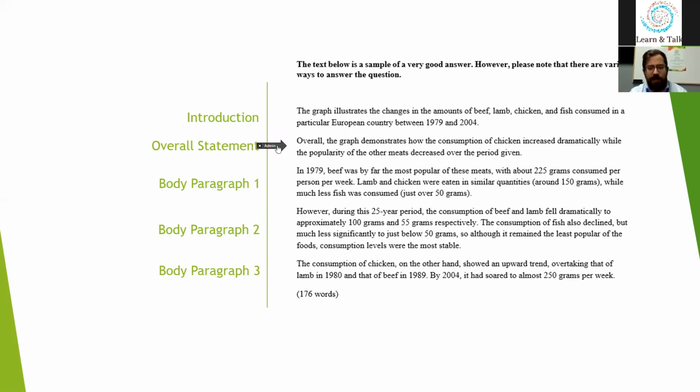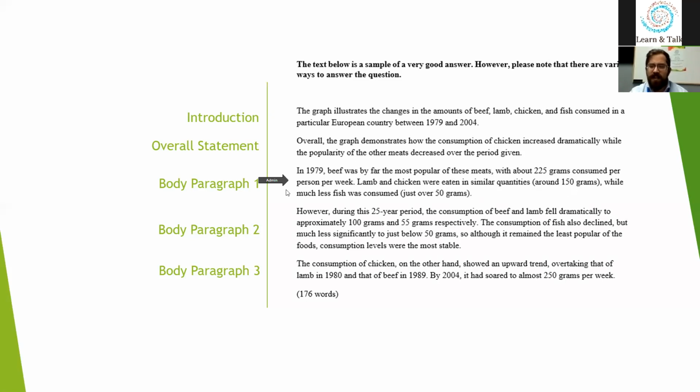Now we look at the body paragraphs 1, 2, and 3. In 1979, beef was by far the most popular of these meats, with about 225 grams consumed per person per week. Lamb and chicken were eaten in similar quantities, around 150 grams, while much less fish was consumed, just over 50 grams.